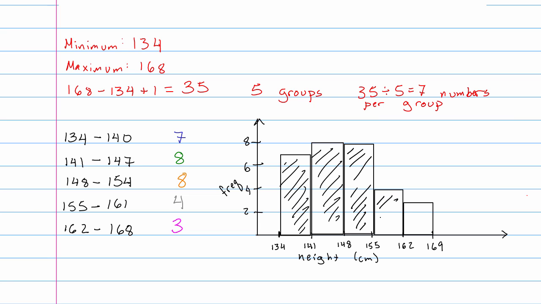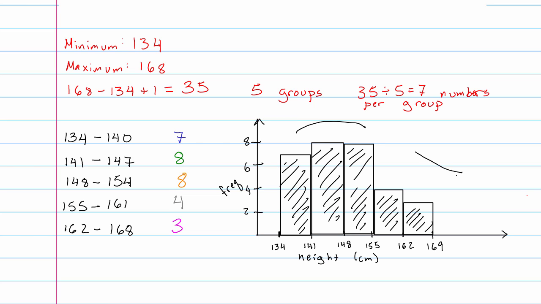And looking at this frequency histogram, we see that it has some sort of a shape. It has kind of a peak here, and then it kind of tails off over here. But we had a pretty small data set. We made a pretty small number of groups. And as a result, our picture is pretty small.